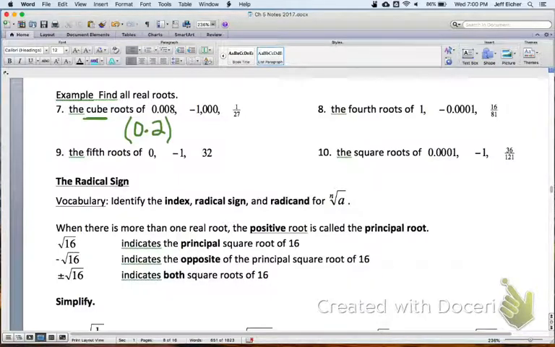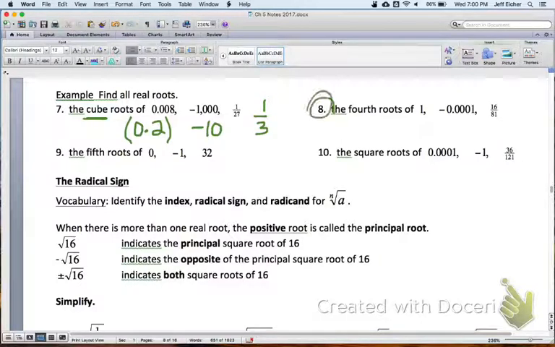So the cubed root of 0.008 is 0.2. Now we have a negative number next, but the cubed root of that would just simply be -10. -10 cubed is -1000. So the cubed root is -10. And then the last one for the 27, the cubed root would be 1/3. And you don't have to worry about multiple answers.